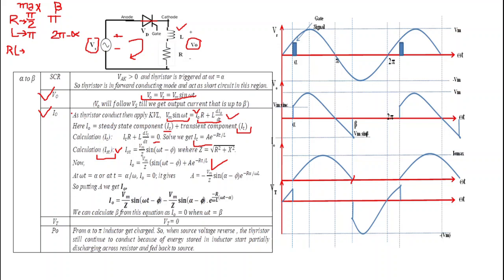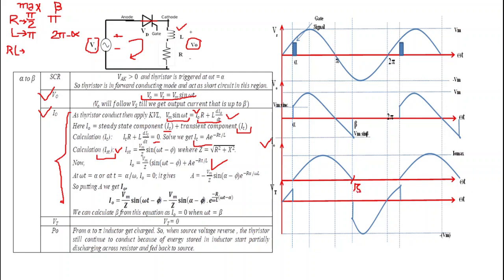So if you don't know this derivation, then how will you plot the waveform of current I0? For this, you need to remember 3 points. First is, whenever there is inductance in the output circuit, then we get current I0 up to beta. So the first point is we get current up to beta.